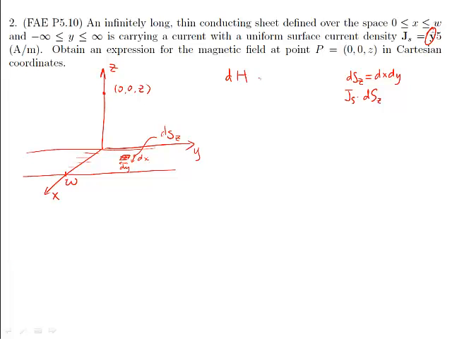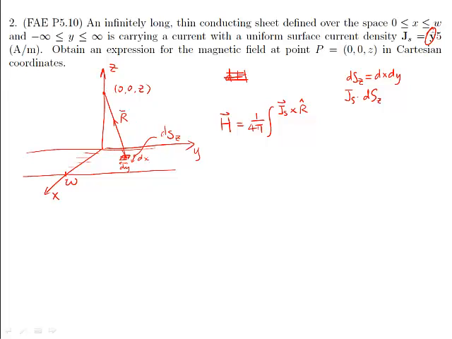From Biot-Savart law, I can directly write out my total H vector. It is given by 1 over 4 pi, surface integration, because we're dealing with a surface current distribution, of Js, which is the surface current density, cross r hat, being the unit vector of this vector that points from the source to the point of observation.